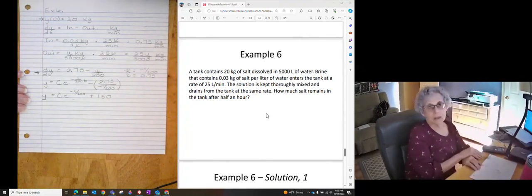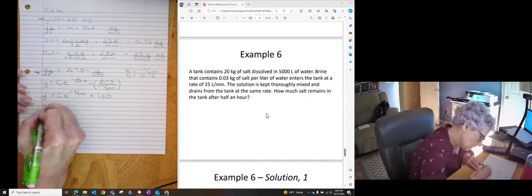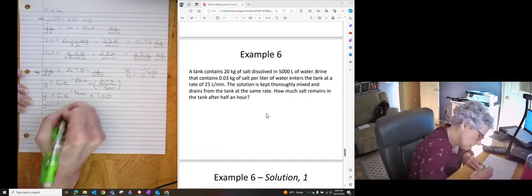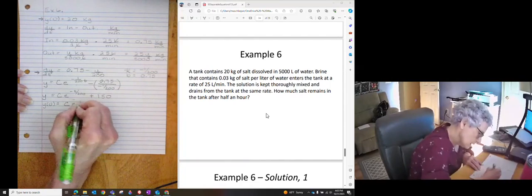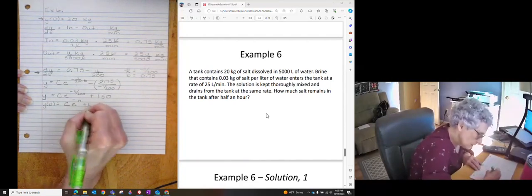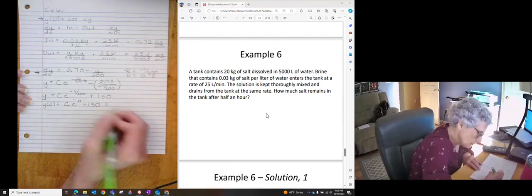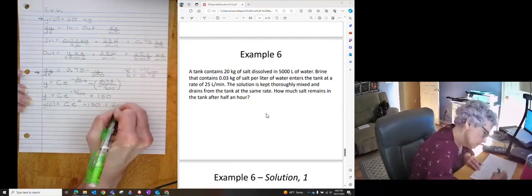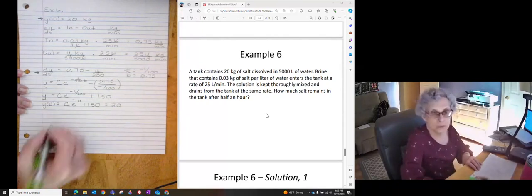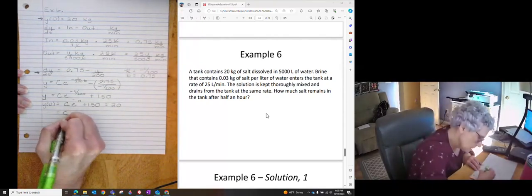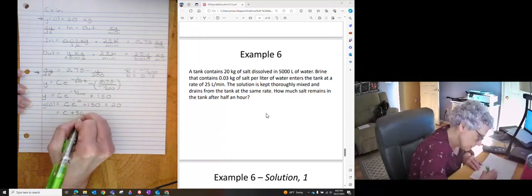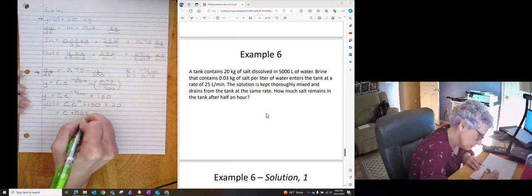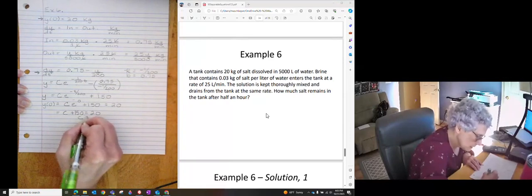Now I go back and I use my initial condition. y at 0 equals c e to the 0 plus 150 needs to be equal to 20. So c plus 150 equals 20.